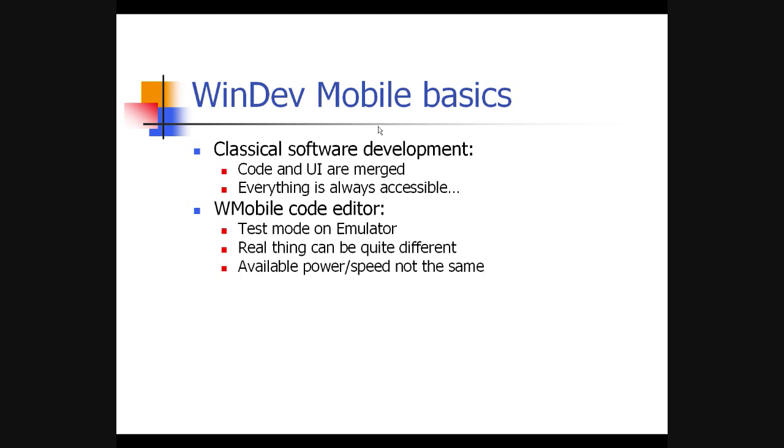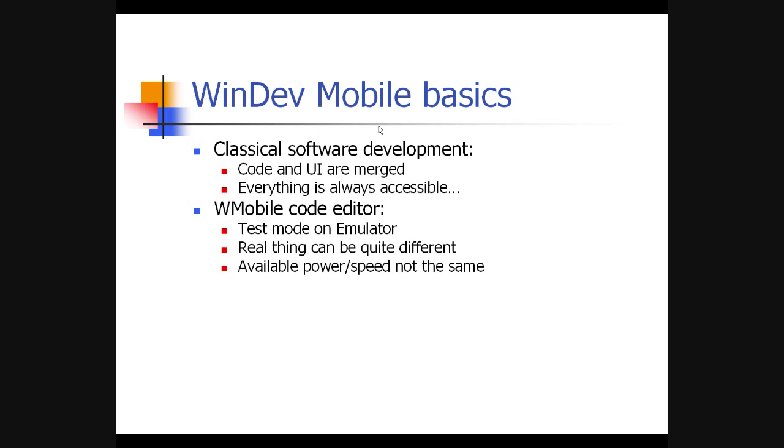You are generally coding on a machine that currently has a dual-core processor with 2 GB of RAM, I don't know how many hundreds of megabytes of hard drive, and so on. It's really something that is extremely powerful.